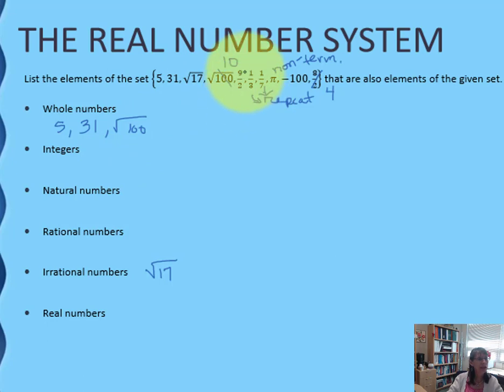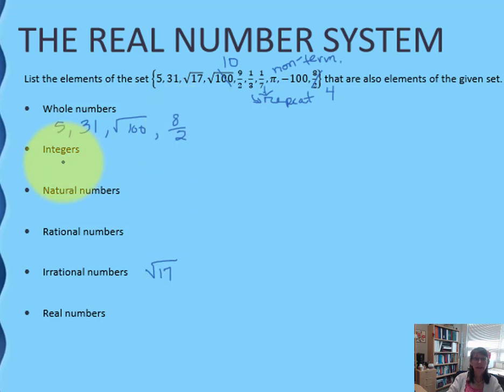Anything written as a fraction is not going to be a whole number, so we can bypass those three. Pi is a non-terminating decimal, so that isn't a whole number. Negative 100 has a negative with it, so that is not a whole number. However, 8 halves reduces to 4, so 8 halves would be included with whole numbers because it is equivalent to 4.